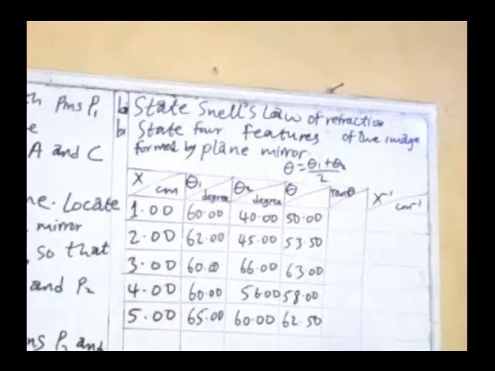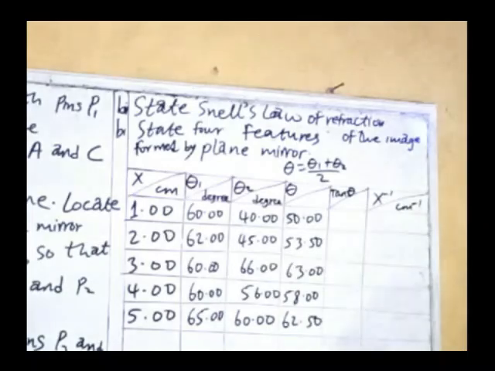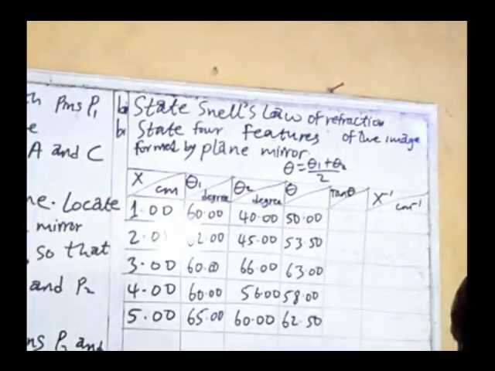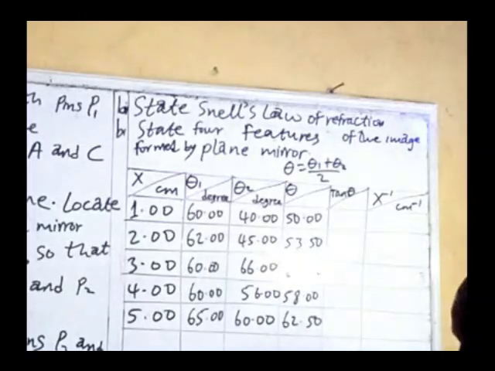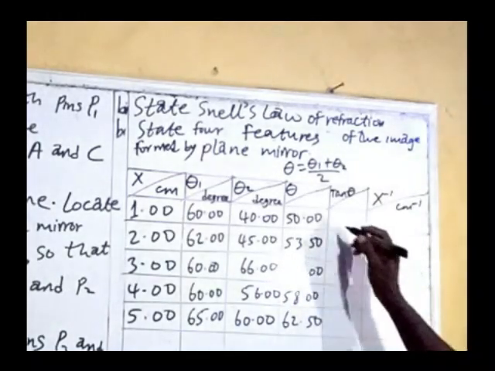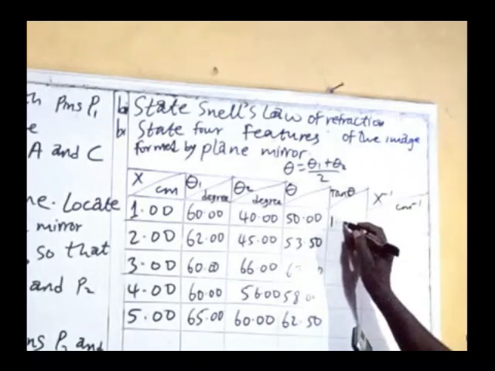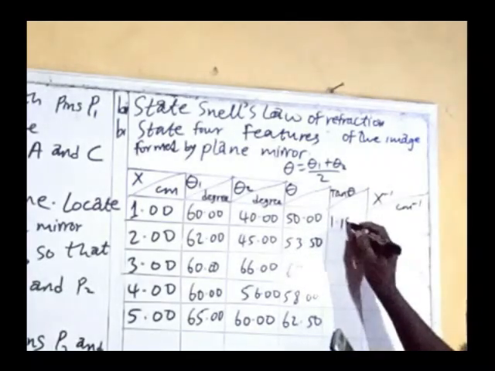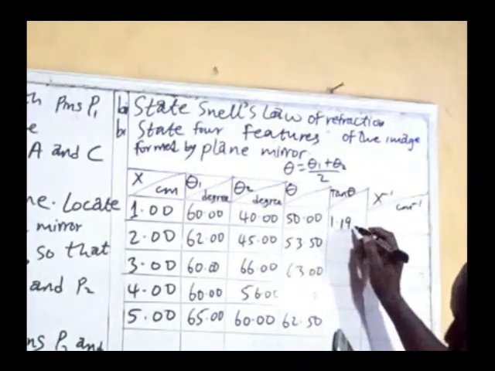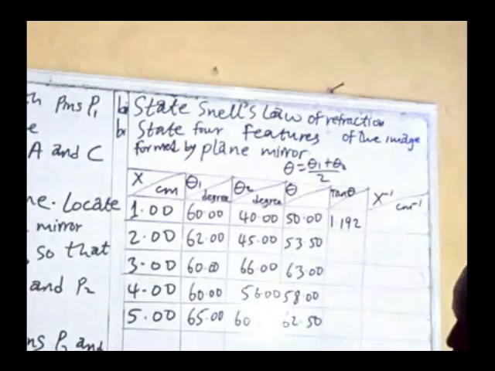Now, tan theta. Tan 50 is equal to 1.192.